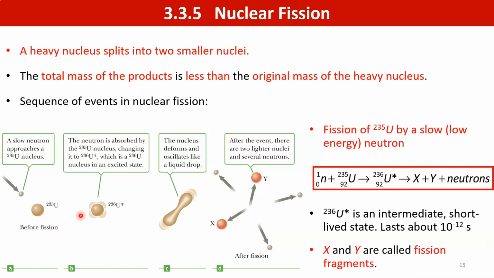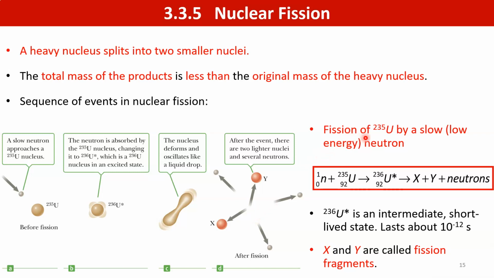The neutron is absorbed by the uranium-235 nucleus, changing it to uranium-236, which is a uranium-236 nucleus in an excited state. Then the nucleus deforms and oscillates like a liquid drop. After the event, there are two lighter nuclei and several neutrons.